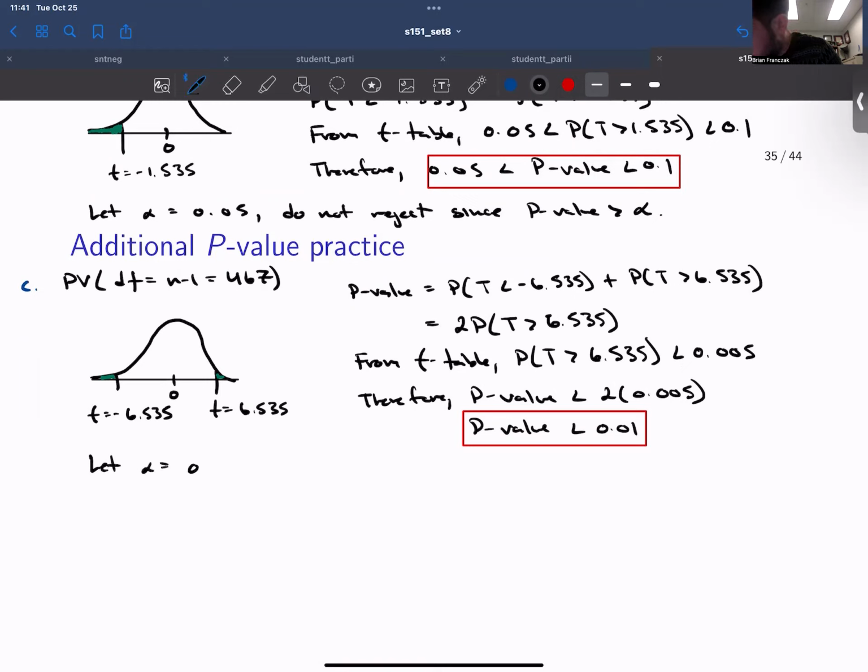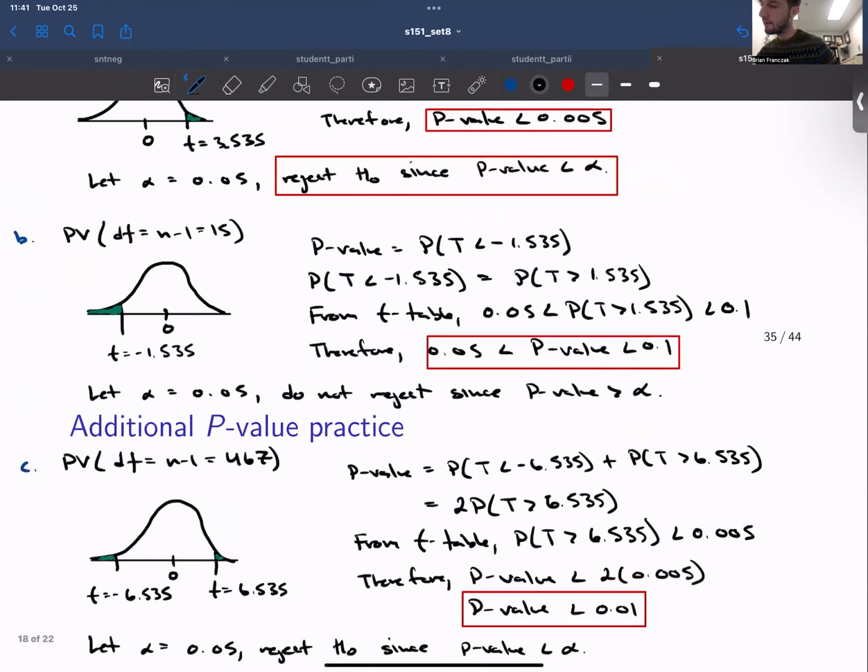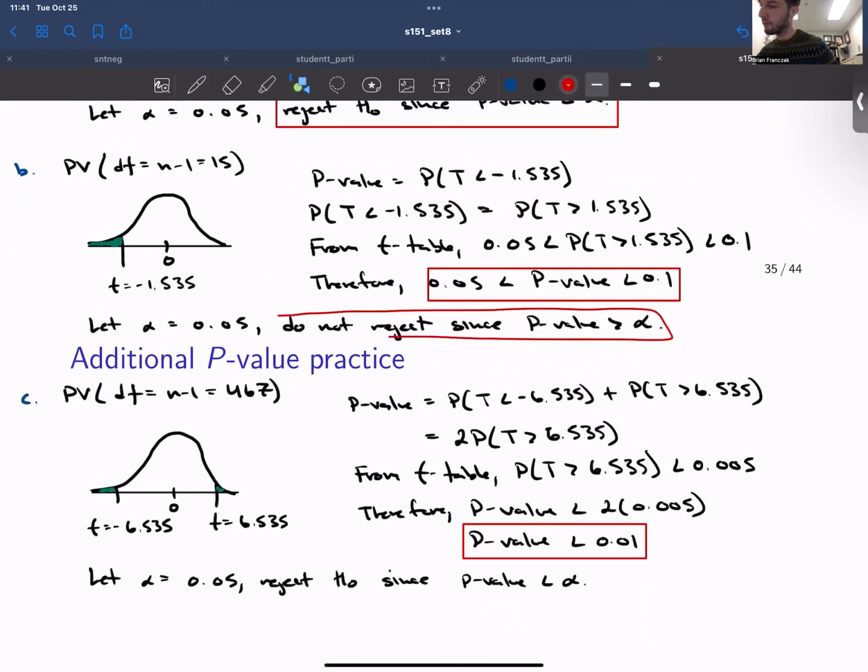So if we let alpha equal 0.05, then we would reject H0 since the p-value is less than alpha. So anything that's less than 0.01 is less than 0.05.